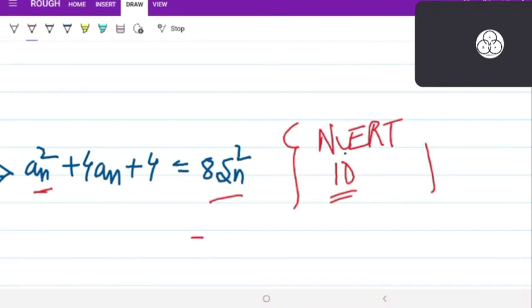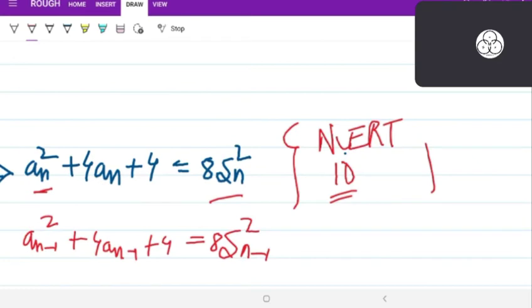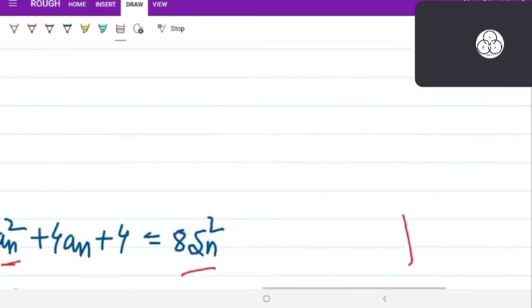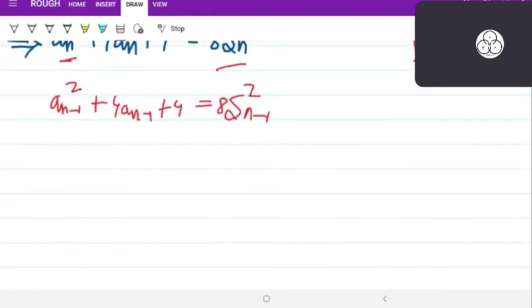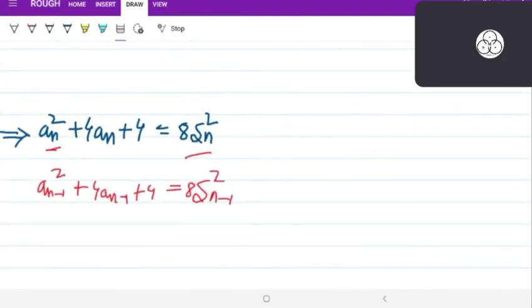You will take Sn minus 1, right? Now what should be the next step?